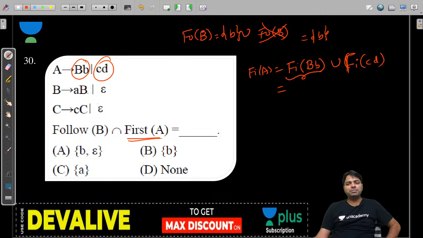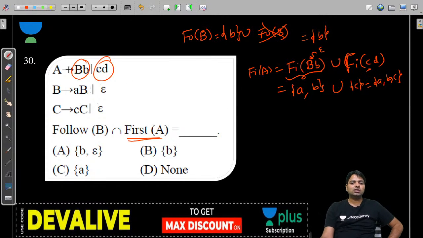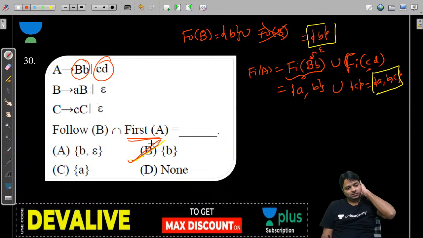First of capital B: you can get A, but when you put epsilon, you will get a B. So here epsilon you can put, then you will get a B. And first of CD, everyone knows, is a C. So A, B, C. And if I do the intersection of follow of B and first of A, that intersection is small b, which is the right answer. B, yes.